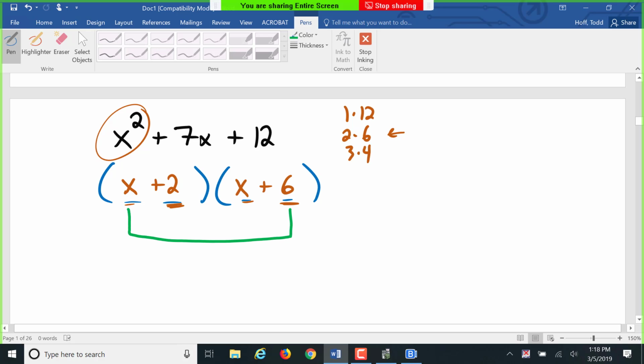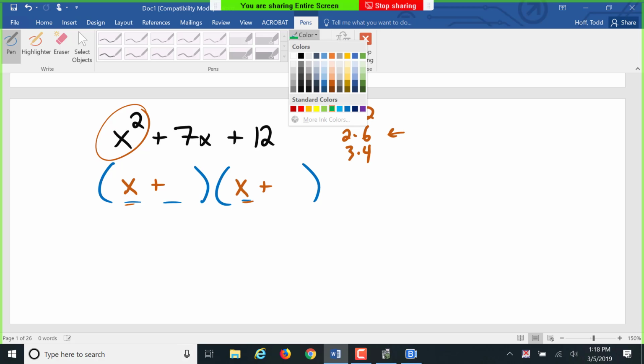On the outside, we have x and 6 that multiply to make 6x. On the inside, we have 2 and x that multiply to make 2x. If we add those together, we get 8x. Is that what we wanted? No, we wanted 7x. So the 2 and the 6 are not correct.